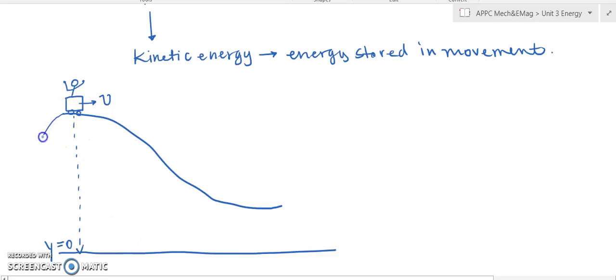There was a chain that applied some sort of constant pulling force up the incline, chugga chugga chugga chugga. So the work done by the chain was equivalent to the amount of energy stored in its position, because from here I can move and go somewhere. So there's energy stored in the gravitational field because of its height, H1.